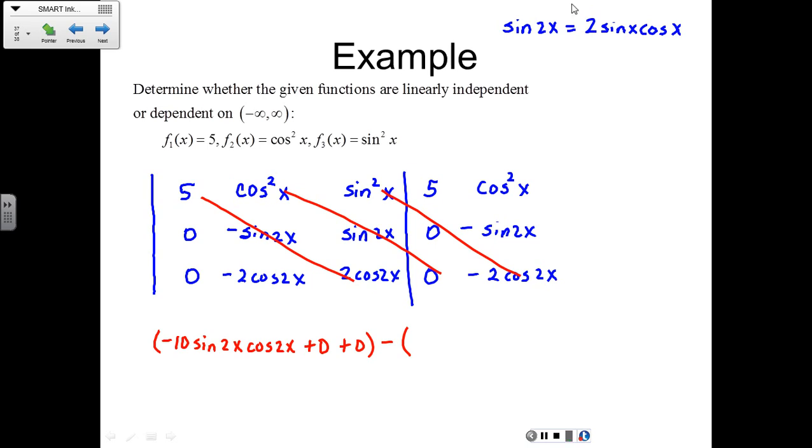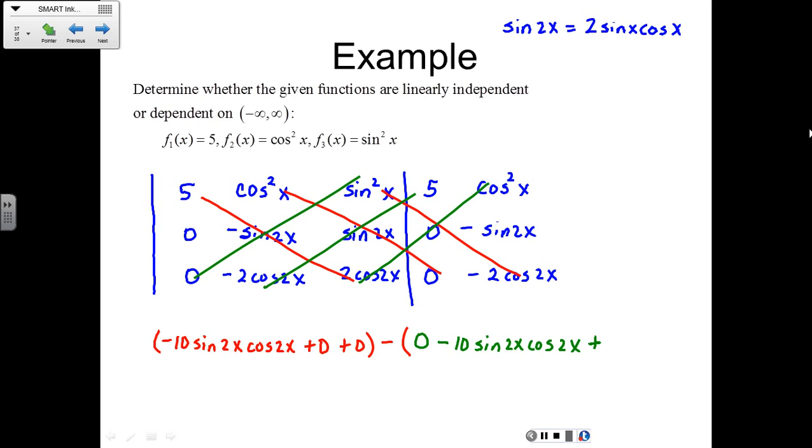And now I'm going to do the backward diagonals in green. The first one, I'm going to go backwards. I'm going to do this one first. So that's 0. On this one, you got minus the same thing. Minus 10 sine 2x cosine 2x. And on this one, you got 0 again.